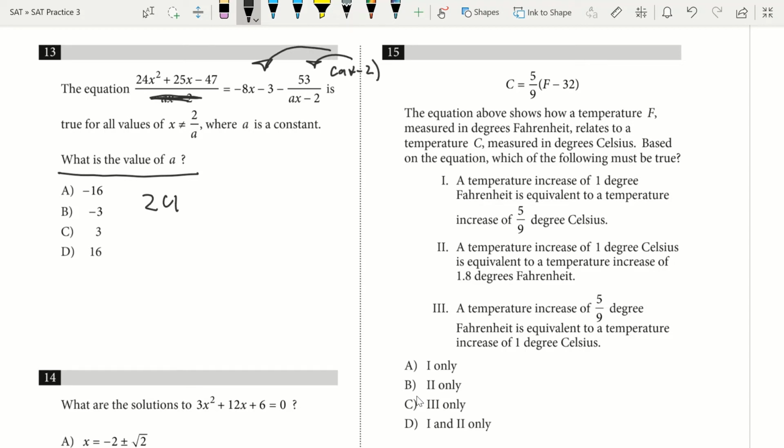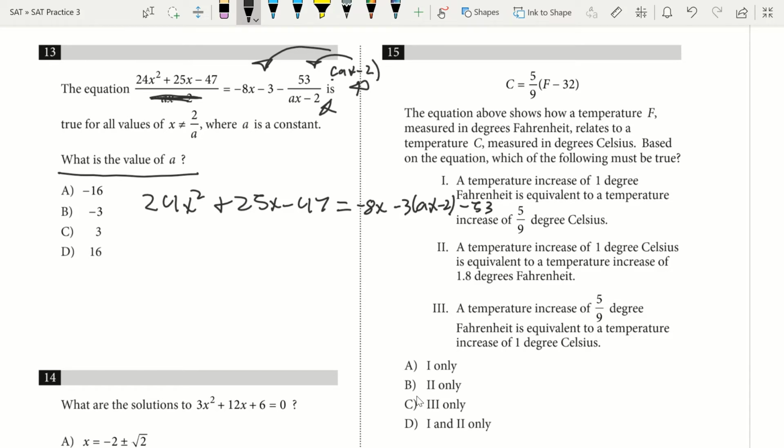So I've got 24x squared plus 25x minus 47, and that's going to equal my negative 8x minus 3 times ax minus 2, and then I have minus 53 because my ax minus 2 right here will cancel with my ax minus 2 right there, so it'll just be minus 53.